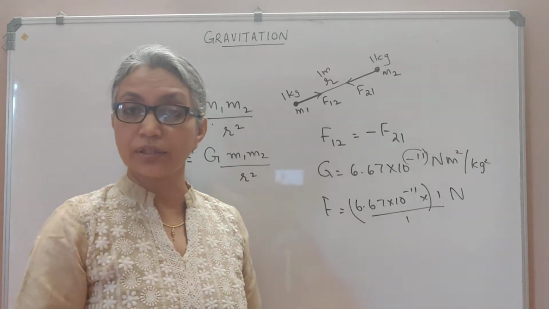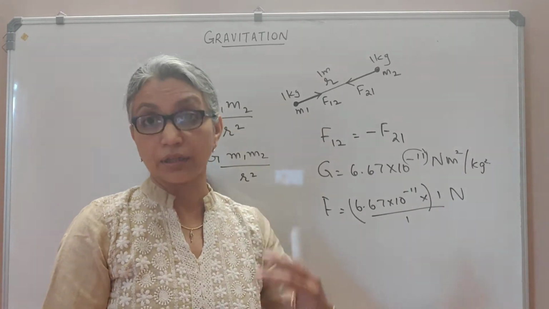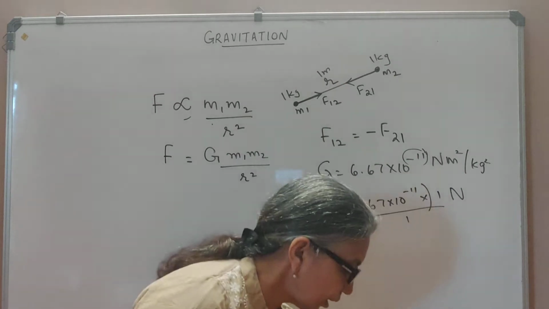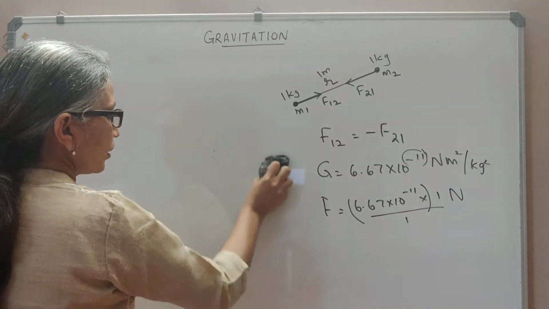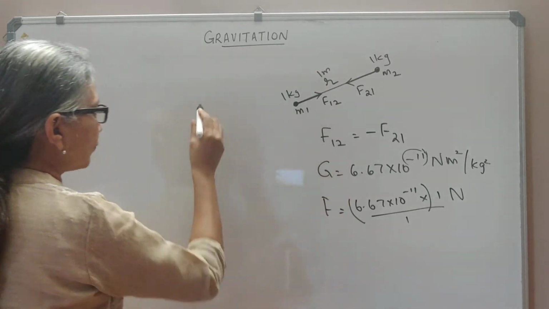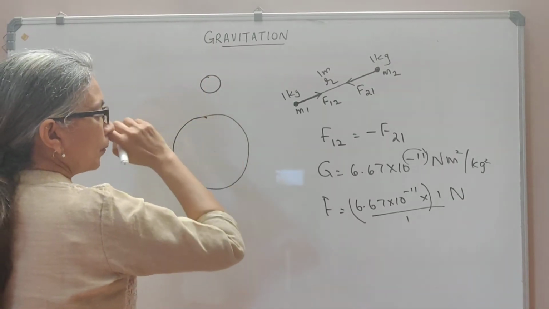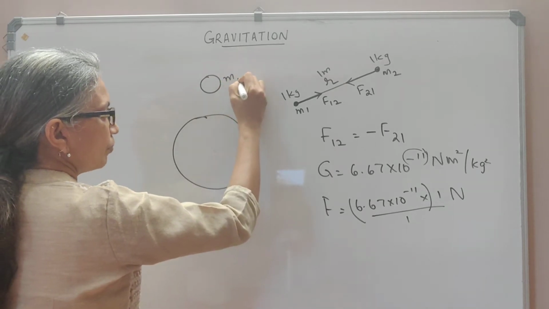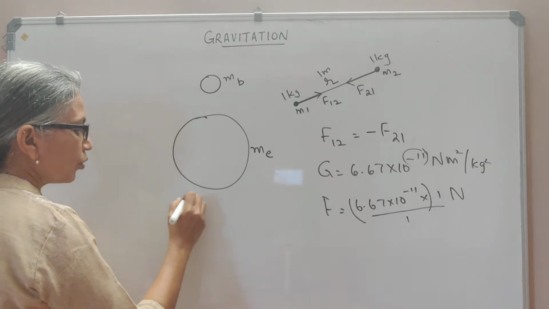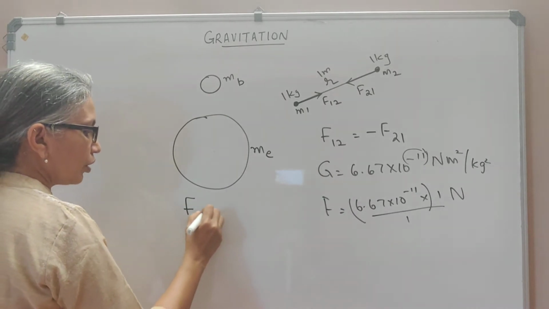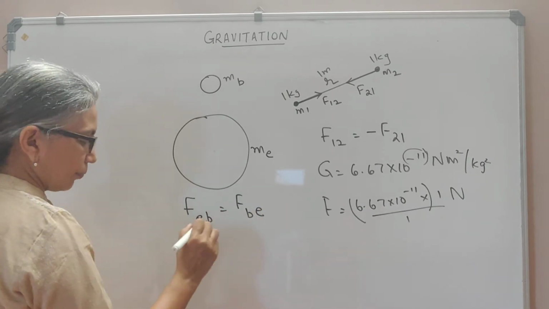But the ball is also exerting a force on the earth, right, with the same magnitude. But you don't see the earth moving towards the ball. And that is simply because, let's say we have this earth and a ball here, whose mass is the mass of the ball, and this is the mass of the earth. Force exerted by the earth on the ball and force exerted by the ball on the earth both are the same.